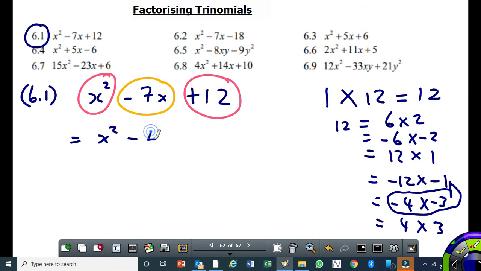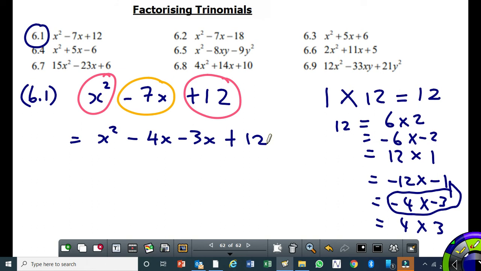So I'm rewriting the middle term in terms of the correct combination of factors of 12. Then plus 12.